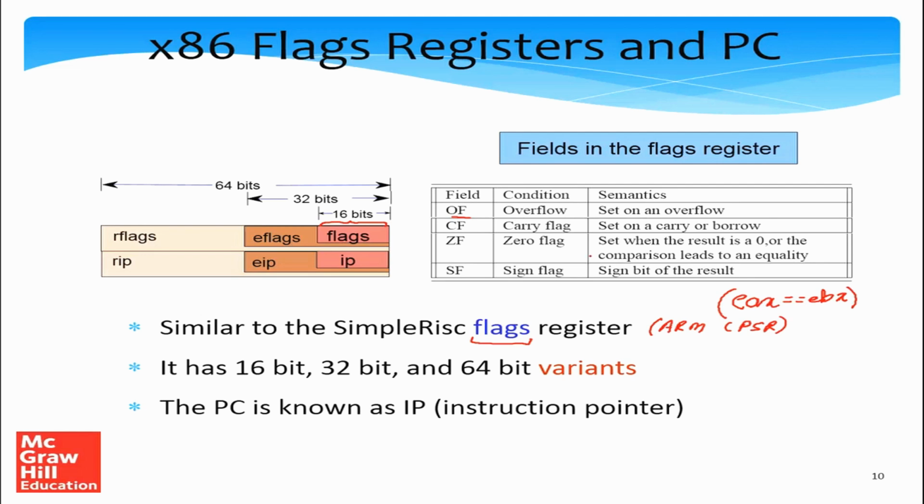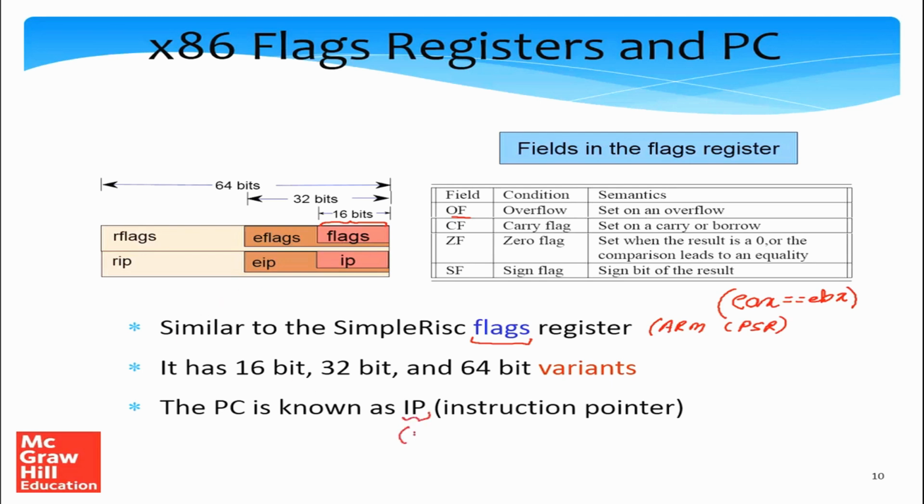Any instruction like a compare, which can set the flags, will set the flags based on its result. Then the flags can be used by a later instruction, such as a branch, to base its decision on what exactly this register contains. So this also has 16, 32 and 64-bit variants. Similarly, the PC, the program counter, is known as IP, or the instruction pointer, in x86.